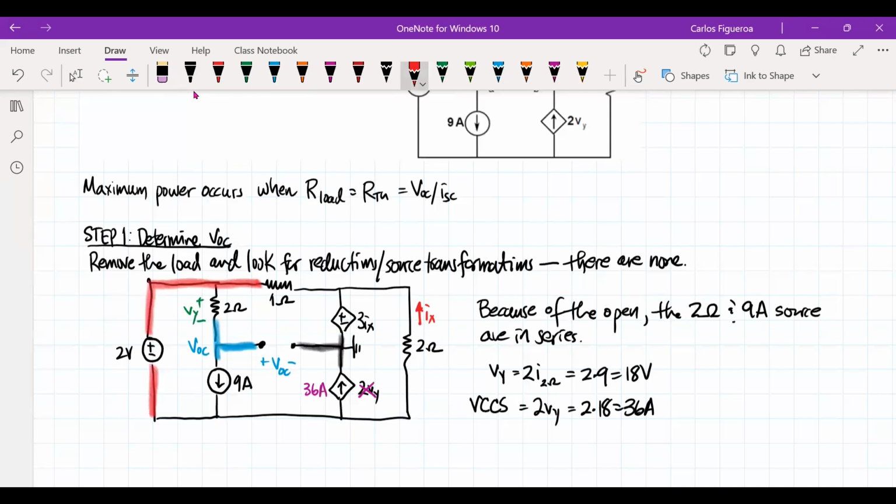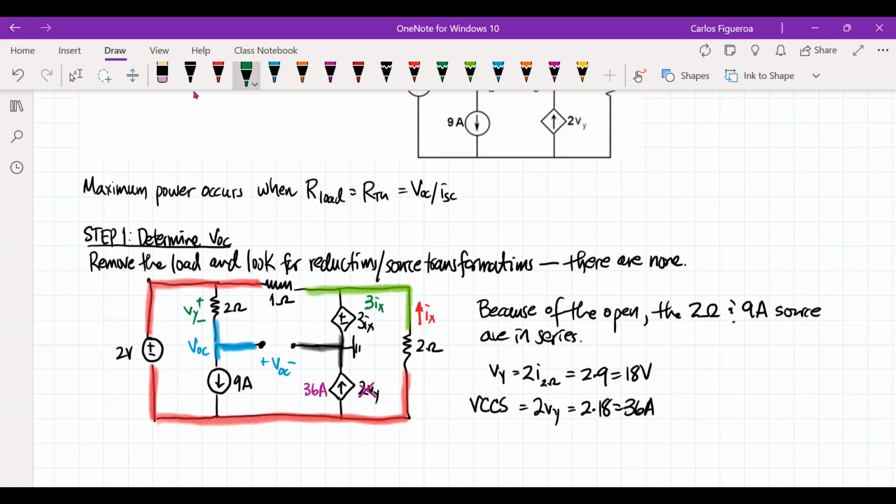Note that this guy has to be a super node, because you can see that the 2 volt source is not connected to the ground. But if I look over here at this other node, this voltage source, this node, should be 3Ix since it's connected to the ground.